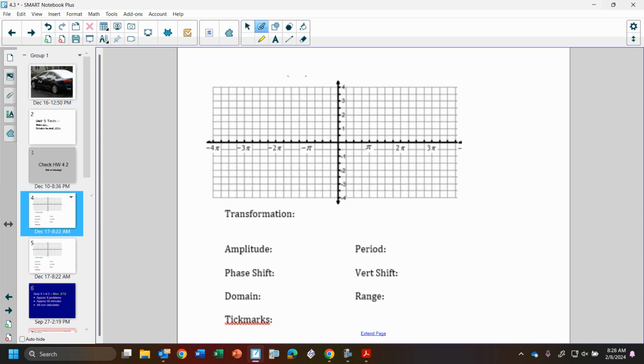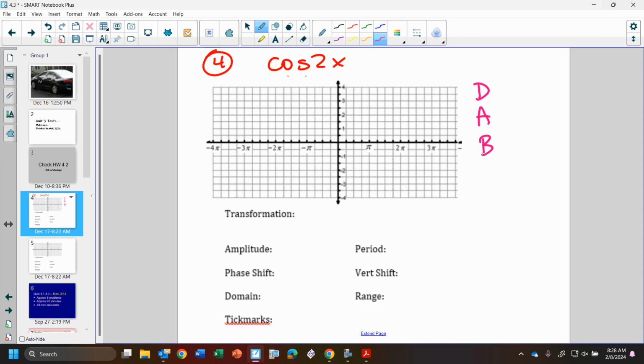Okay, so cosine 2x. If I think about the DAB process, the dividing line, the amplitude, the bookend, what's my dividing line? 0. Good. There is no D value. So your dividing line is going to be cutting through the middle, right at 0.